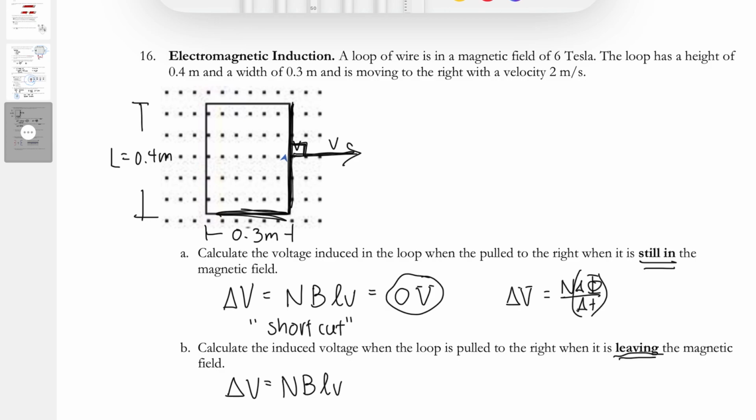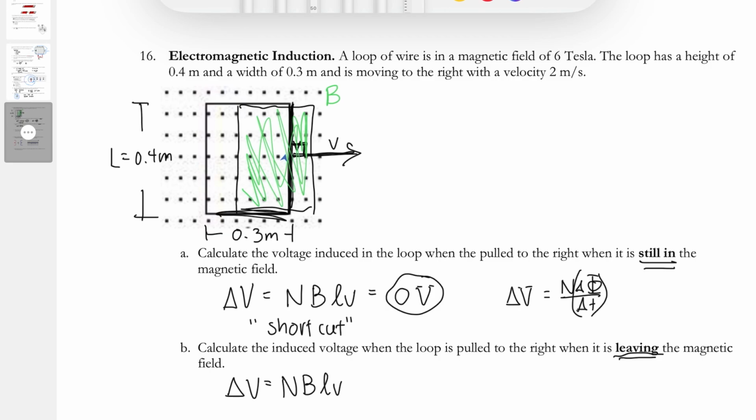Let's say our flux is the product of the area of this rectangle and how much field it's going through. Well, one moment from now, this same size coil is going to be enclosing the same area in the same field.